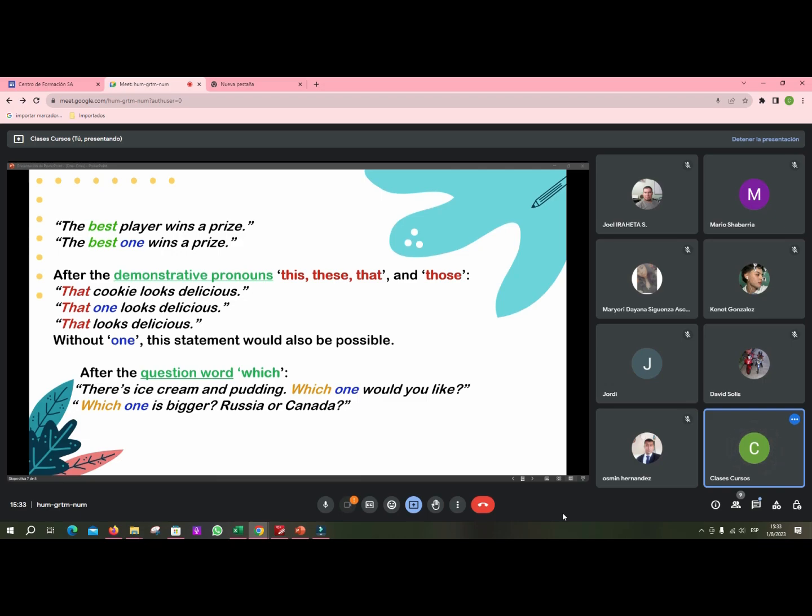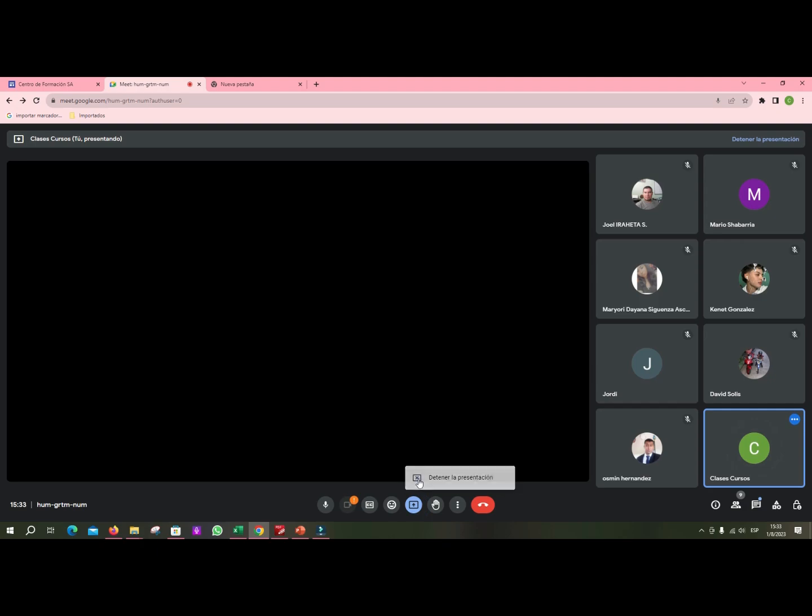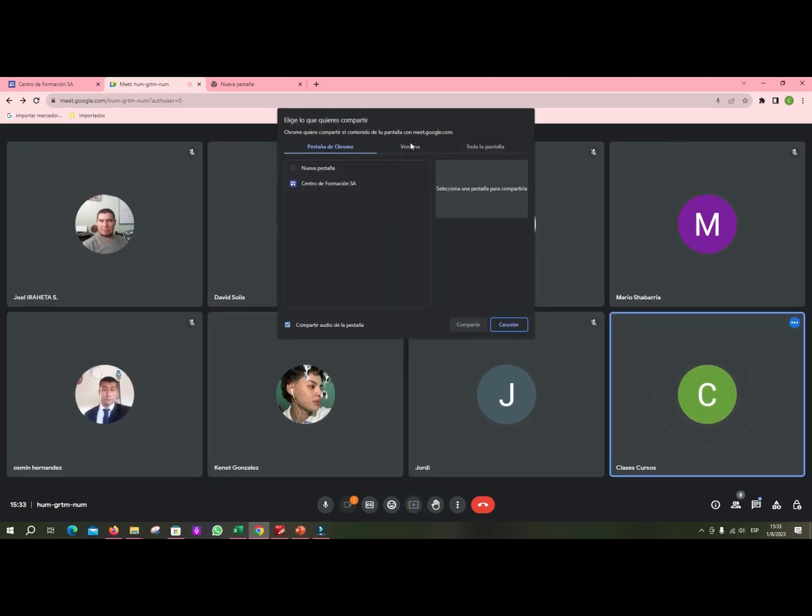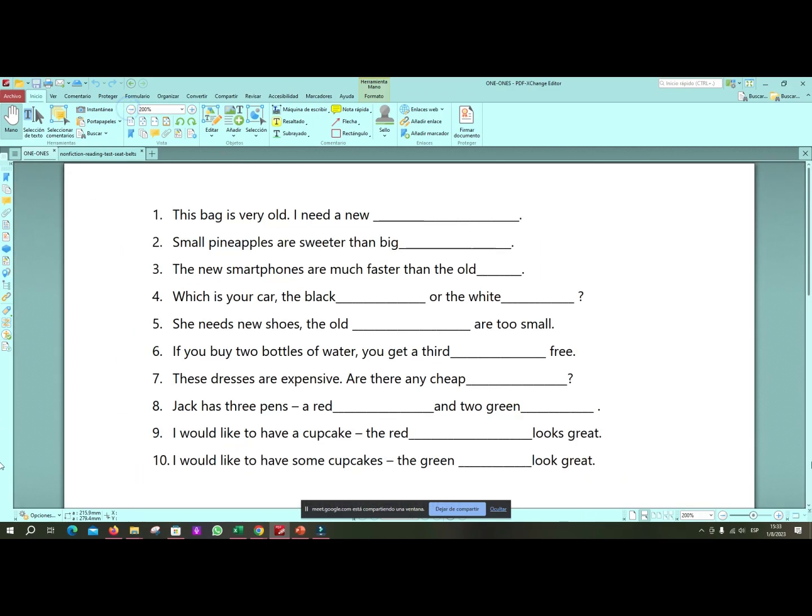So we're going to do the first exercise. Let me show that. Okay, there you have it. Here you need to use the pronouns one or ones in order to replace the noun that you have there. Let's do the first one together. This bag is very old.